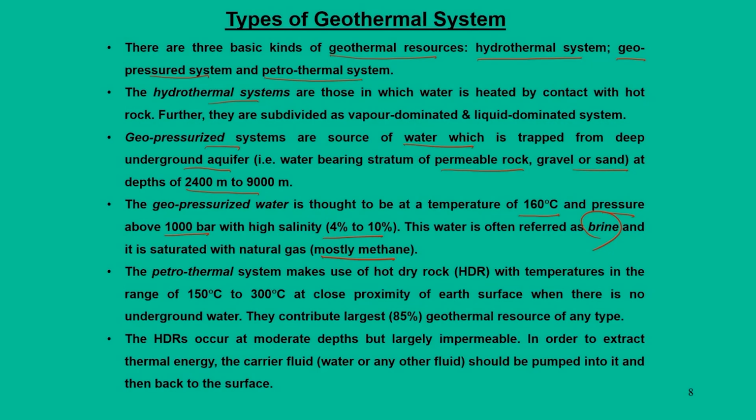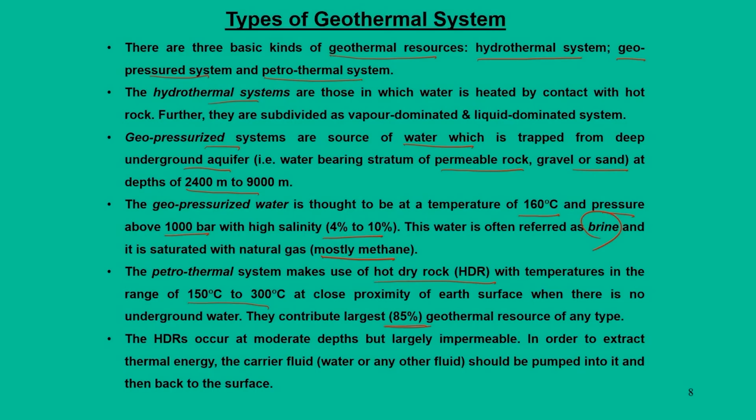Then the third category is the petrothermal systems. They make use of hot dry rock, for which the temperature is available in the range of 150 to 300 degree centigrade with close proximity, and of course, these contribute 85% of geothermal resource of any type.